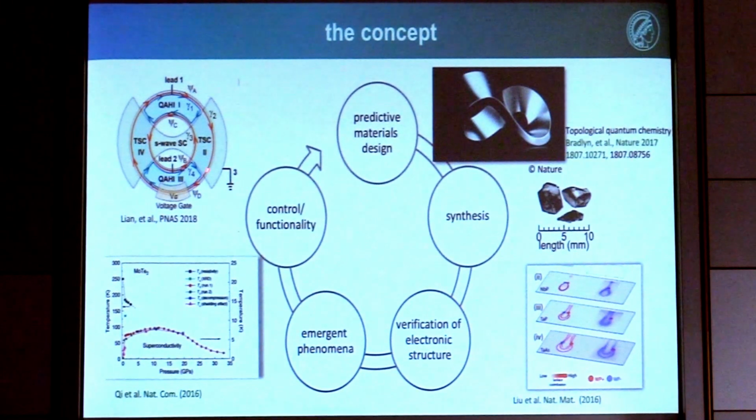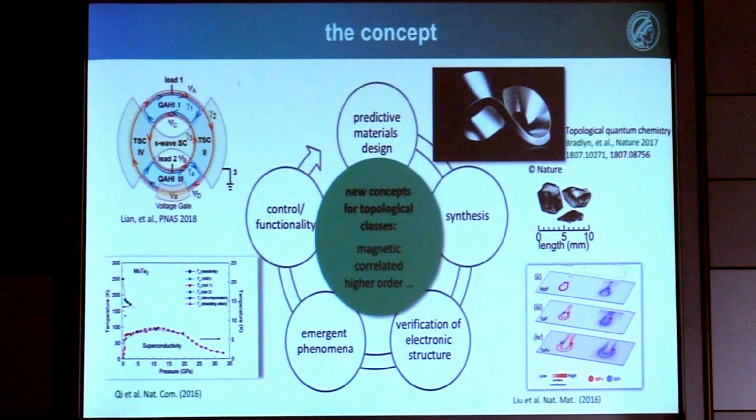So we are looking not only for the topological superconductors, TSC means topological superconductors, we are looking also for the quantum anomalous Hall effect at room temperature, because if you want to make a topological quantum computer device for Majorana, it would be good to have a very stable quantum anomalous Hall effect at higher temperature, and topological superconductor.